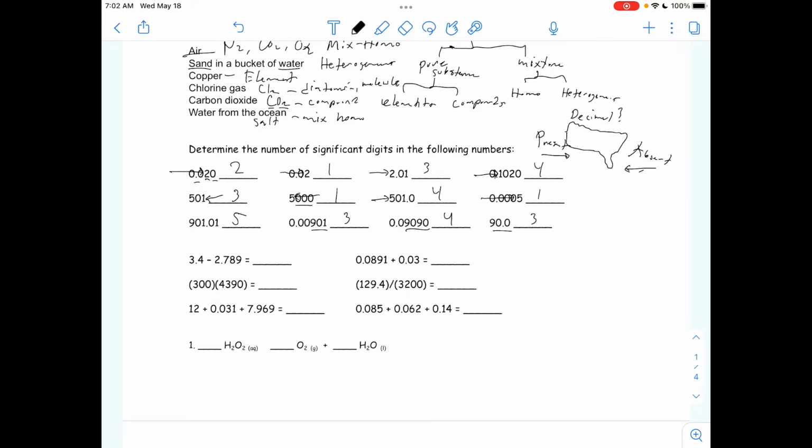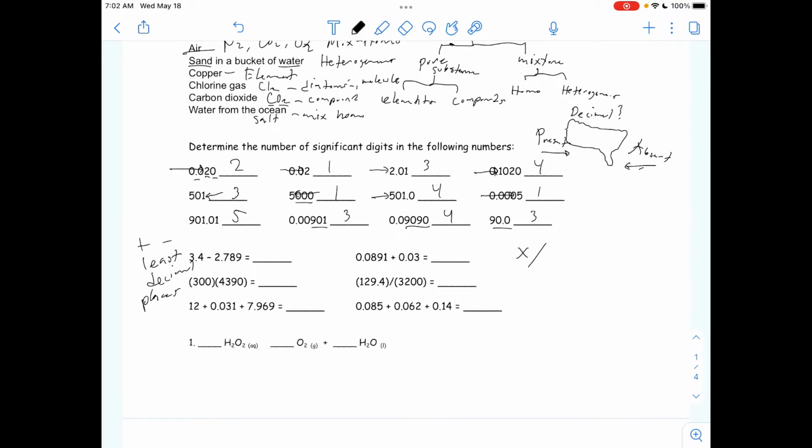And so when we calculate, when we add or subtract, we go with the number with the least decimal places. When we multiply or divide, we go with the least sig figs, or we round to the least sig figs.